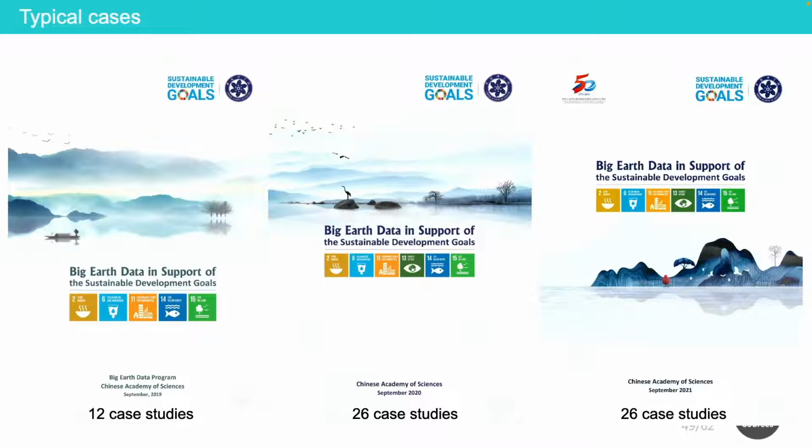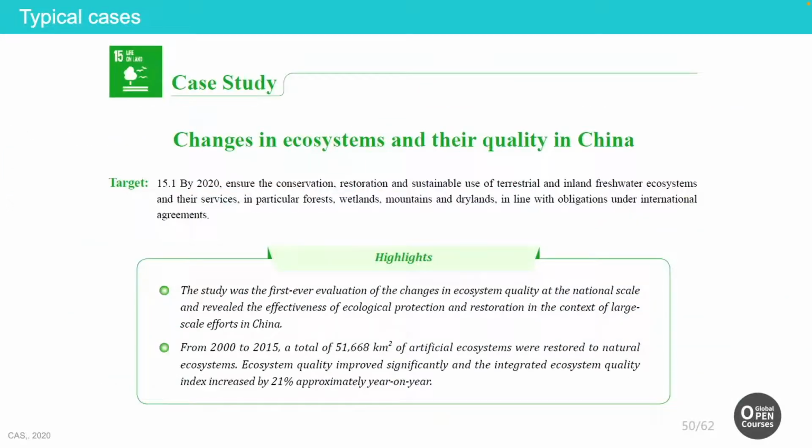Yeah, so this is for this year. But due to the time limitation, I will not introduce all the cases, but only 3 cases from the reports. The first case study is about the changes in ecosystems and their quality in China.